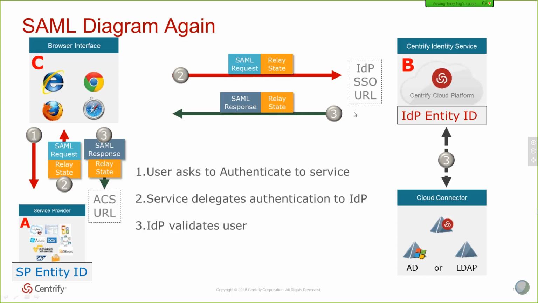And each SAML application has its own IDP single sign-on URL. Remember the app key that I told you? That app key is actually pointing to that specific SAML application. So we'll give that to the service provider so they can send the SAML request there.